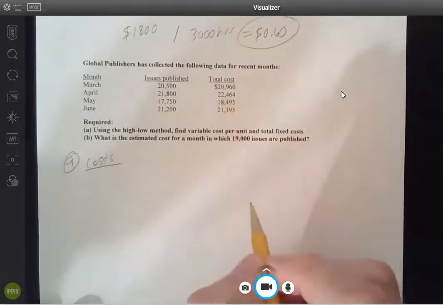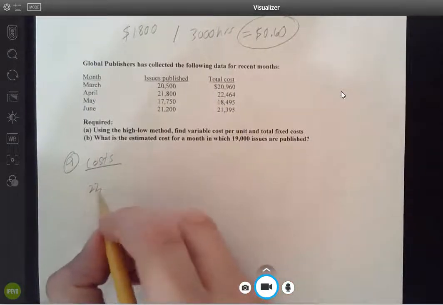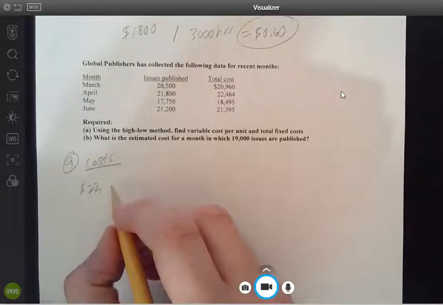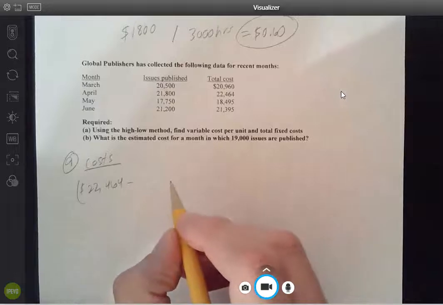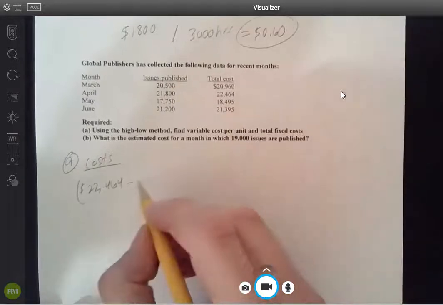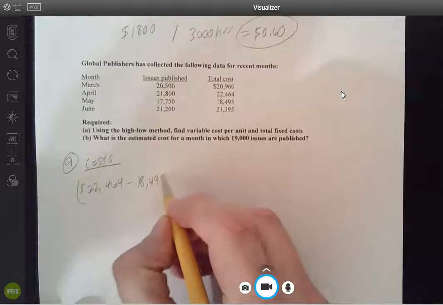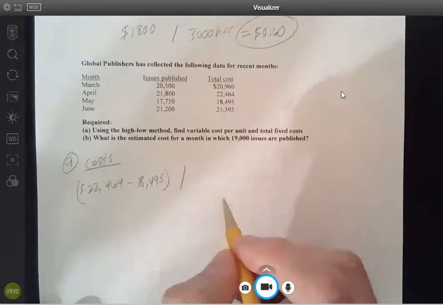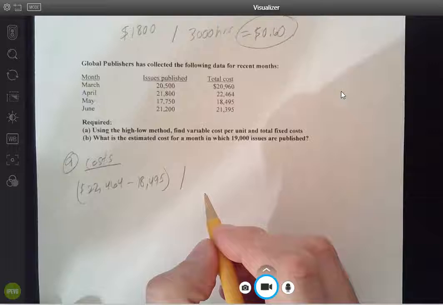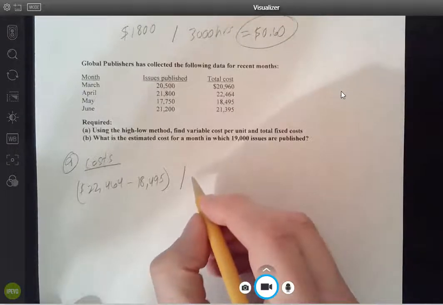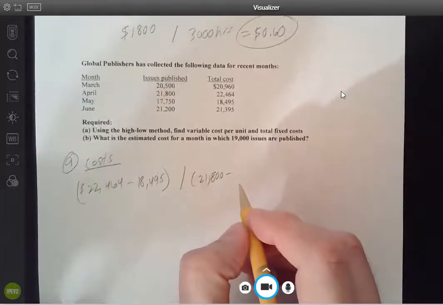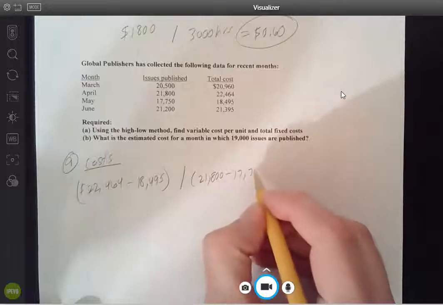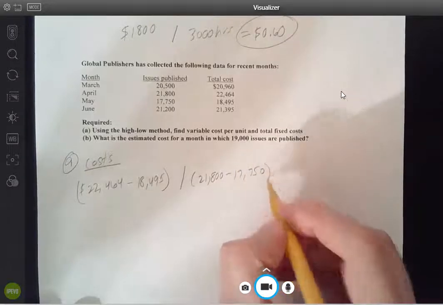So we're going to look at this column over here, and our high month is 22,464 minus our low month, which is $18,495, divided by, let's see here, issues published. Looks like our high month is 21,800, and our low month is 17,750.